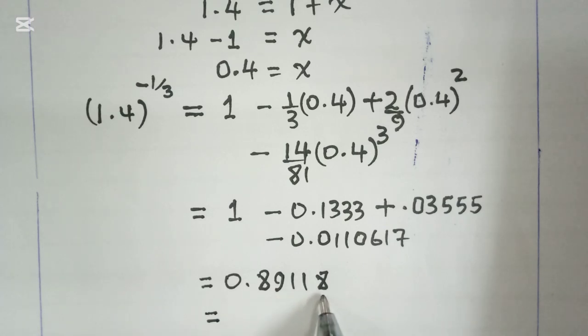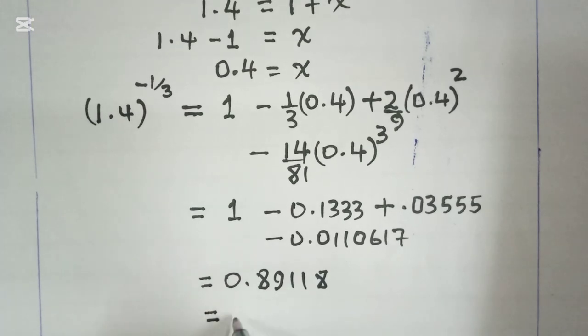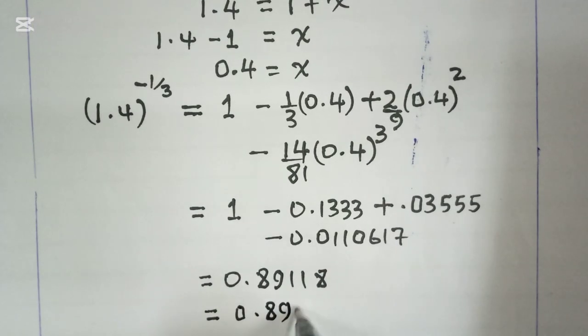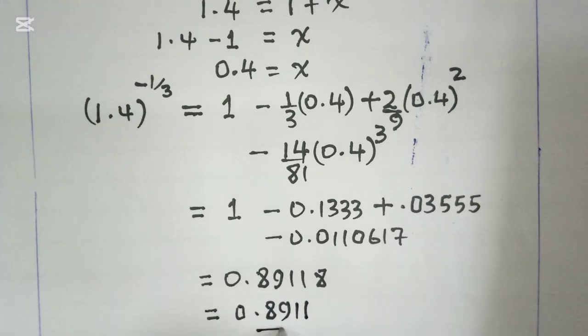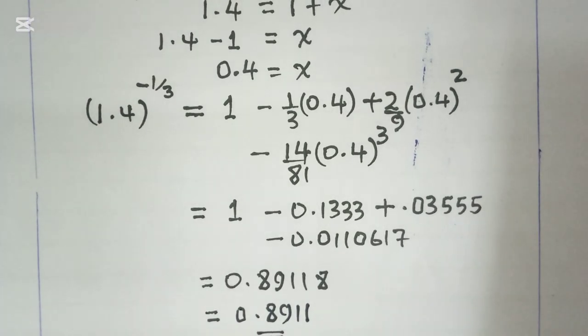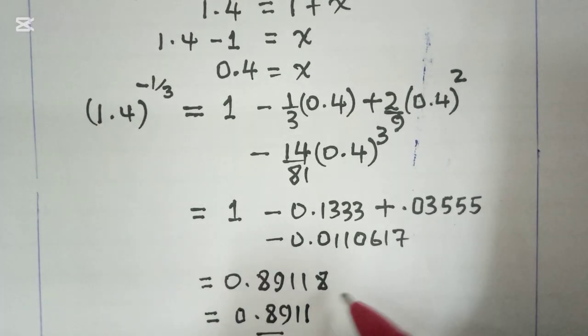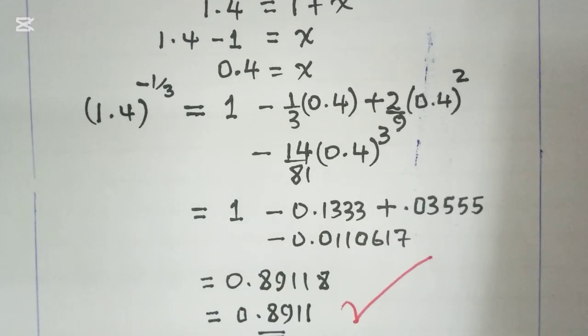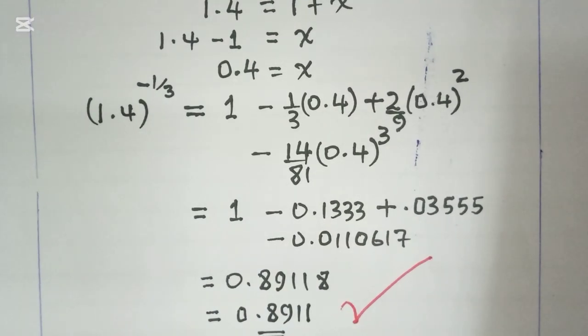If it is less than 5, then we shall have 0.8911. So guys, that is our value for the negative cube root of 1.4.